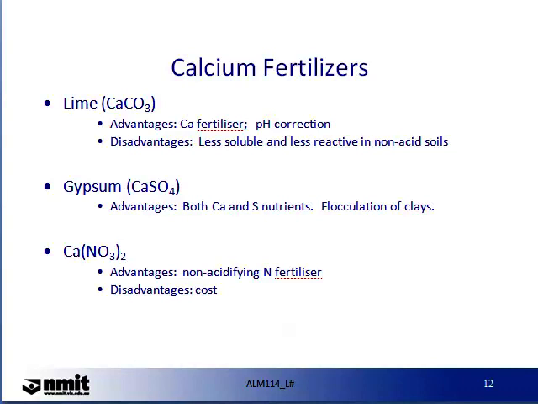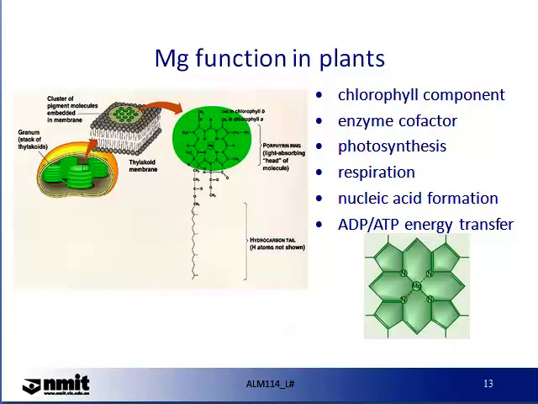Gypsum has the advantage of providing both calcium and sulfur nutrients, and the flocculation of clays. Calcium fertilizers based on calcium nitrate have the advantage of being a non-acidifying nitrogen fertilizer. However, they are costly.